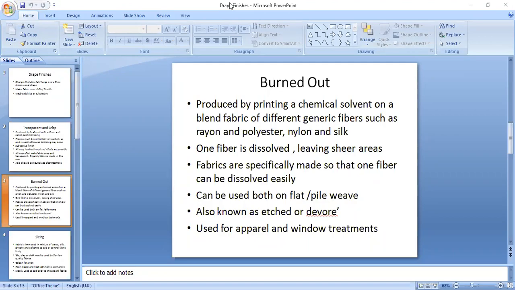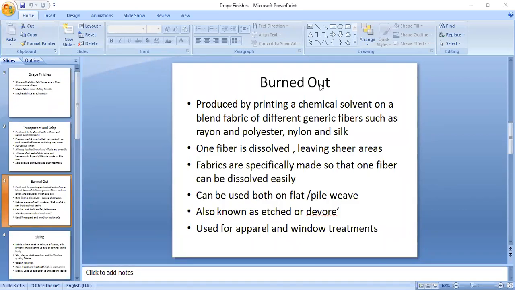This finish is also known as etched or devoré because part of the fibers are removed by this subtractive finish. Again, burnout finish is a subtractive finish because we are removing a portion of the fiber from the fabric.